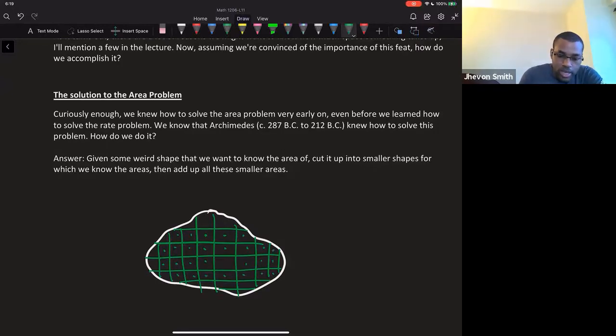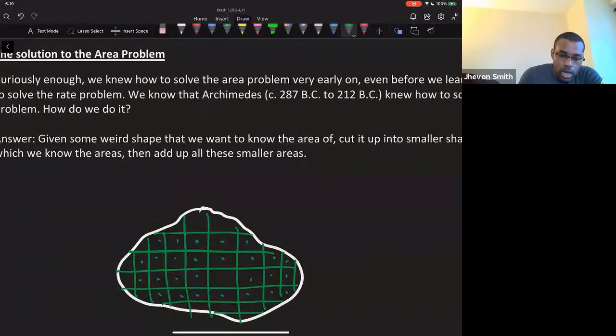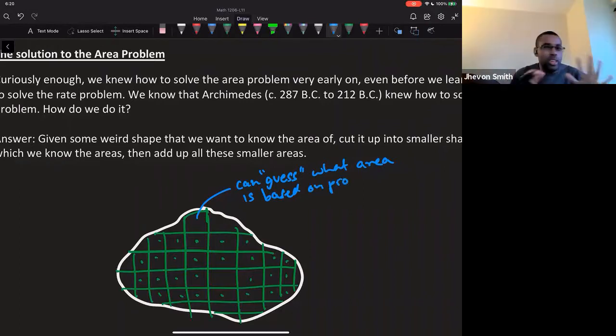And wherever there is something that's not quite a rectangle, you can just guesstimate. So you can guess what the area is based on proportions, like, it's roughly a little bit more than half of this rectangle.